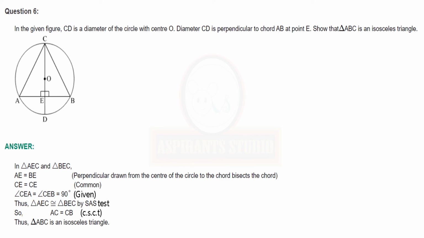Now, again look at the figure. CE is equal to CE. Why? They are common sides for both the triangles. Now, measure of angle CEA is equal to 90 degrees.